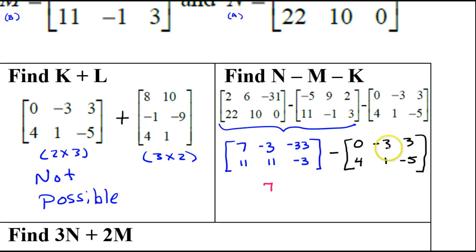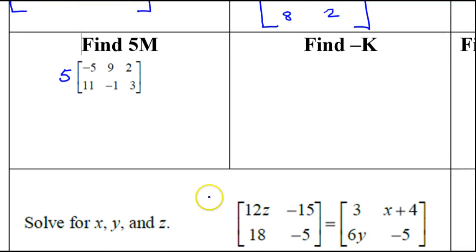Negative 3 minus negative 3 is the same thing as negative 3 plus 3, all right? Minus a negative is addition, so that should be 0, and so on for the rest of the matrix. So this is the final answer for N minus M minus K. You would get this red matrix here.